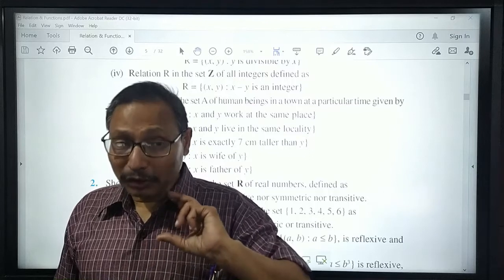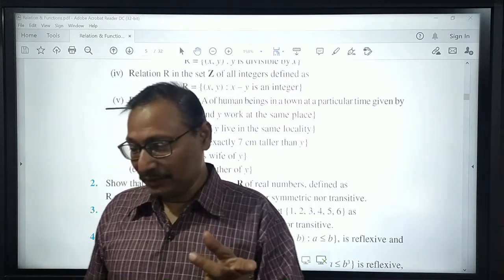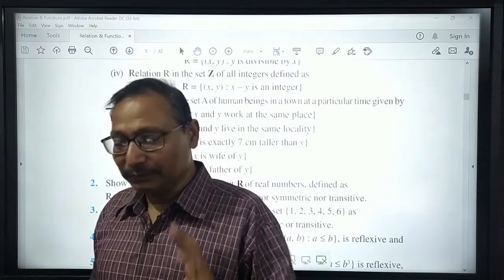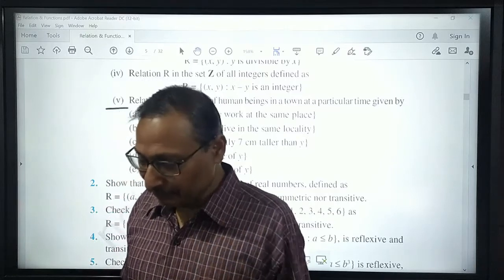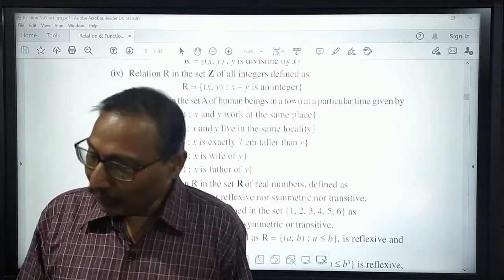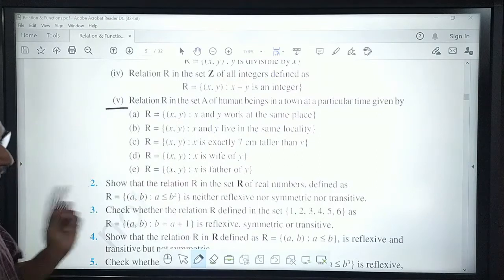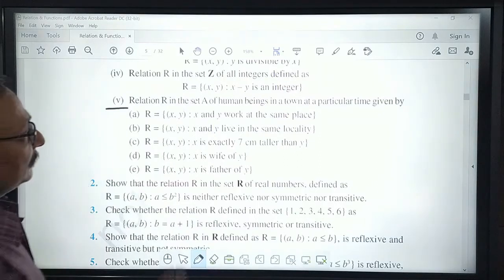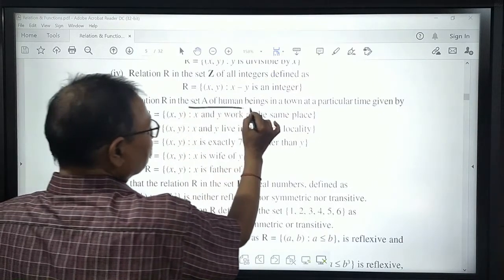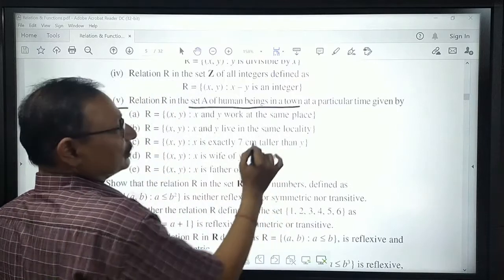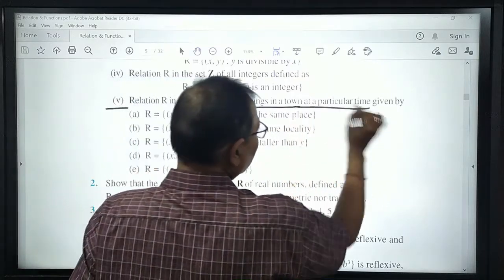Relation is always over a given set. Without having any set, we cannot think about any relation. So, first of all, go through the set that is given to us. Here, this set A is a set of human beings in a town at a particular time.